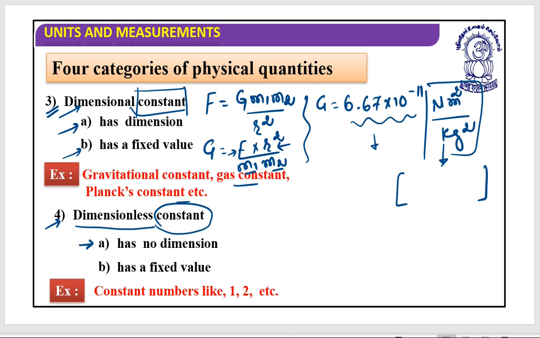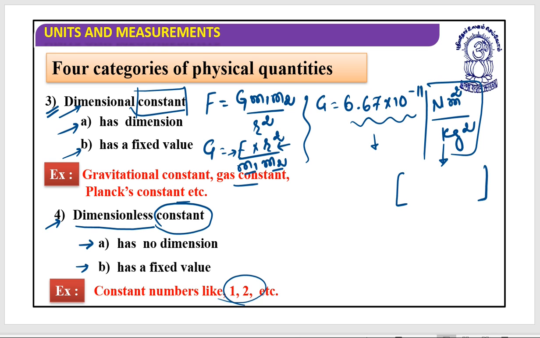They do not have any dimensions, but they have a fixed value. That means something like numbers, 1, 2, 3, and much more. These are the 4 different categories in which we can divide our physical quantities according to the dimensional formula.